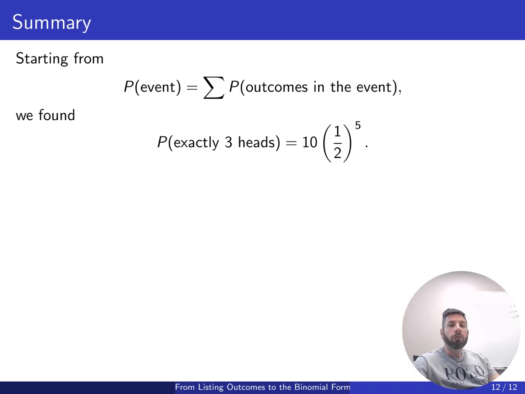Okay, great. So let's summarize what we did. We started with a very specific problem, that is flip a coin 5 times, determine the probability of getting exactly 3 heads. And we found that answer. Now, of course, we didn't calculate it because that's not what's important here. What's important is the structure of the formula.